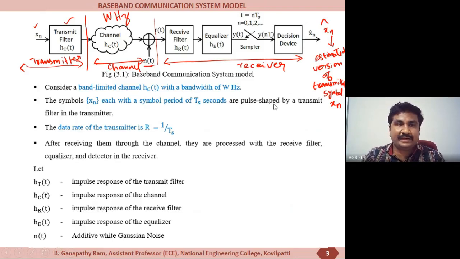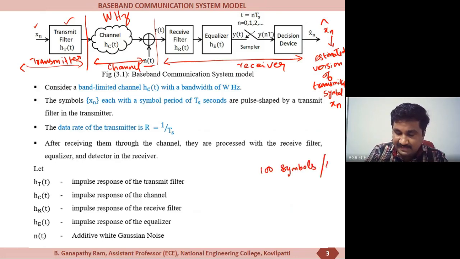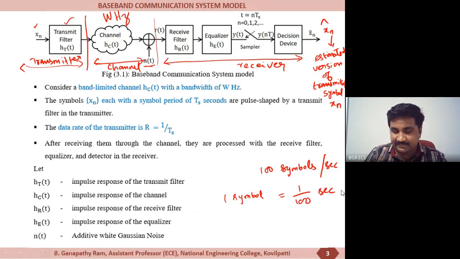And the data rate of the transmitter is determined by the symbol period of a particular symbol x of n. Suppose I am transmitting 100 symbols per second, then one symbol will have a duration of 1 divided by 100 seconds.